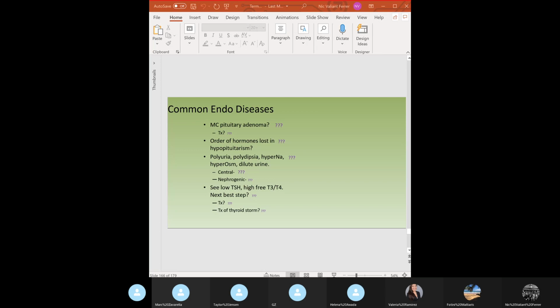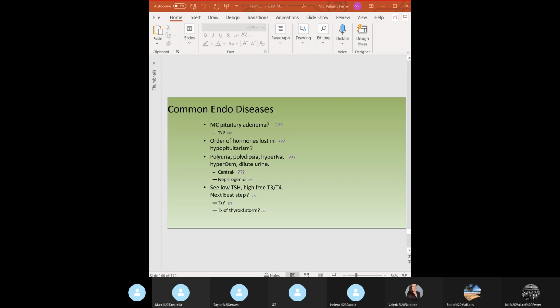What are we thinking? What is amiloride? It blocks what channel, guys? ENaC, right? It blocks the ENaC channel, your epithelial sodium channel in the late distal tubule, the connecting tubule, and the collecting duct. So you reduce the absorption of sodium ion from the lumen of the nephron, and also, potassium sparing, it reduces excretion of potassium ion into the lumen. Good job. Okay, you can give that in nephrogenic DI.